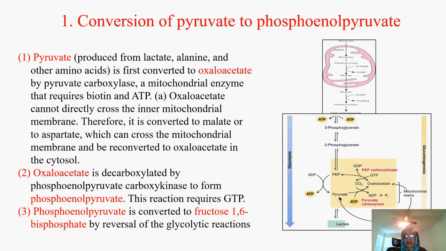So here from pyruvate, as you can see, we get oxaloacetate with pyruvate carboxylase using energy in the form of ATP. This is happening in the mitochondria. And then the next step is from oxaloacetate to phosphoenol pyruvate by the phosphoenol pyruvate carboxykinase enzyme, and it requires energy in the form of GTP.